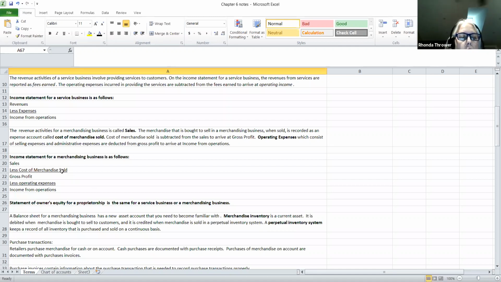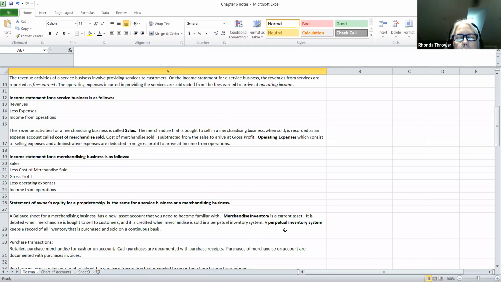The part that you sold goes into the cost of merchandise sold. So merchandise inventory is going to be debited or added to when the merchandise is bought to sell to customers. It will be credited when the merchandise is actually sold in a perpetual inventory system.